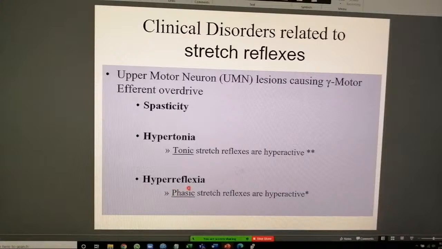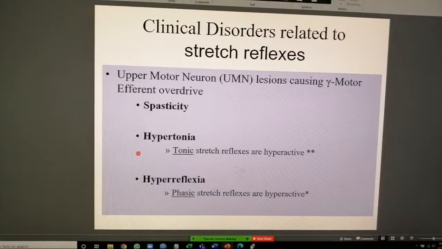So what is hypertonia? Abnormal tone. All the muscles in a person who is alive are in partial contraction. In between hypo and hyper, arbitrarily in the center of hypotonia and hypertonia, there is the normal tone.